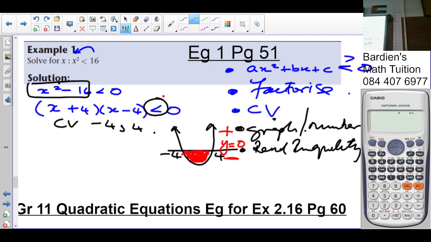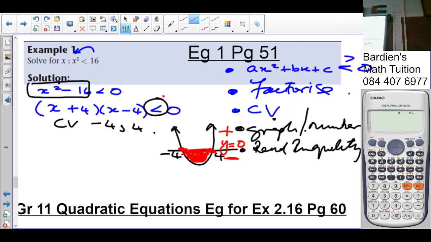So is the solution from minus 4 to 4? Is that continuous? Is it in one, or is it apart? It's continuous, it's together. So if the solution is together, we write the inequalities together.